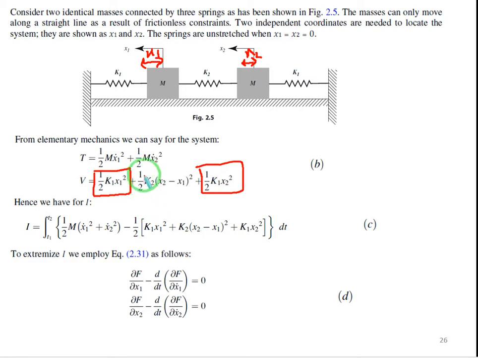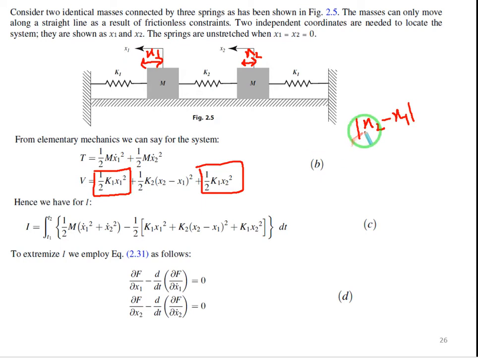So we can easily say that the potential energy of the middle spring is equal to 1/2 of K2 multiplied by the length change of the middle spring squared. The length change of the middle spring can be calculated as the absolute value of x2 minus x1.